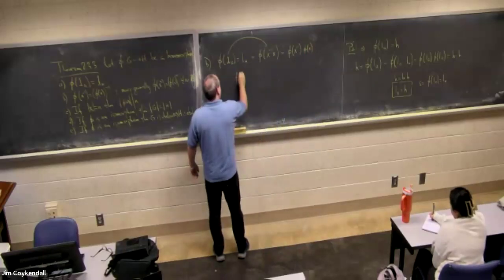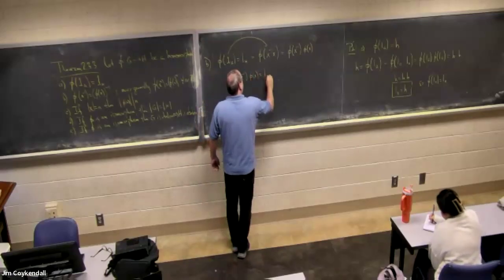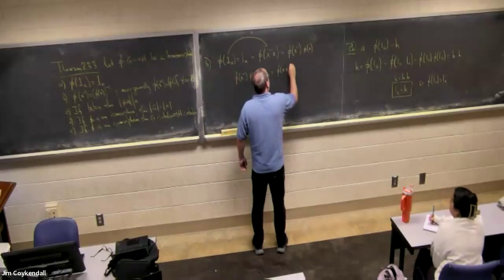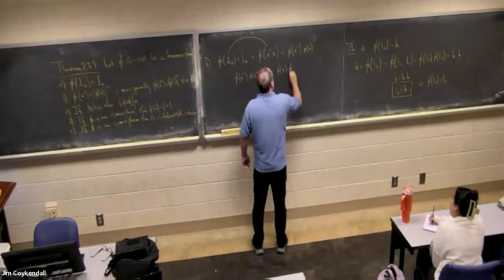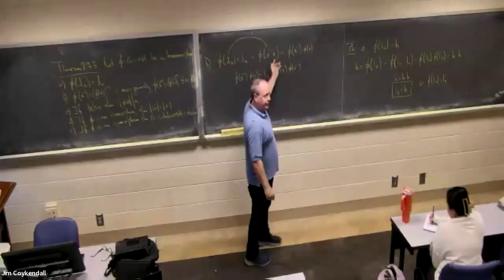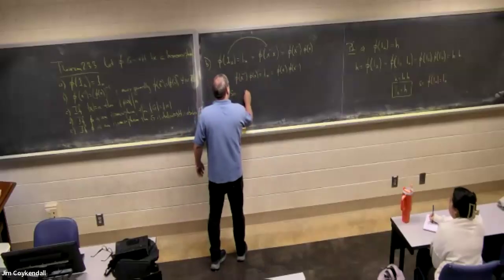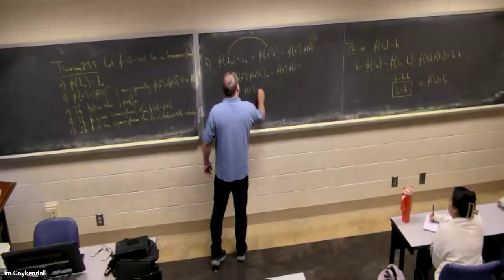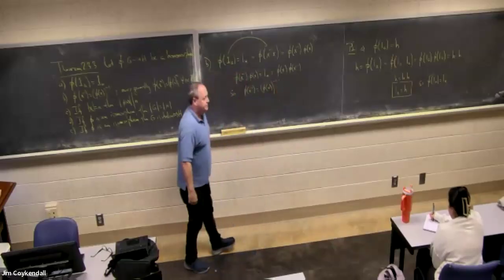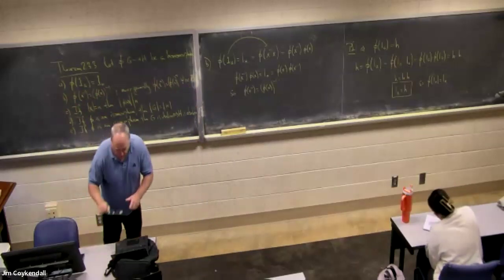So I get phi of X inverse times phi of X equals the identity of H, which is also phi of X and phi of X inverse. I took a step there, but I could have put the X X inverse in the other order and got it the other way. So phi of X inverse is the inverse of phi of X. And I'll let you all work through the rest of it.